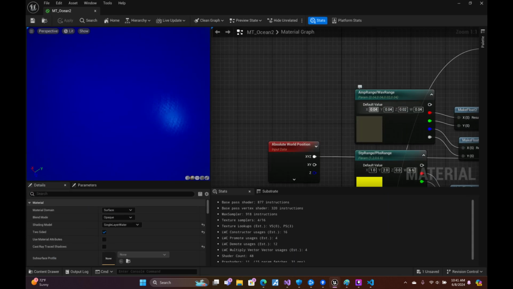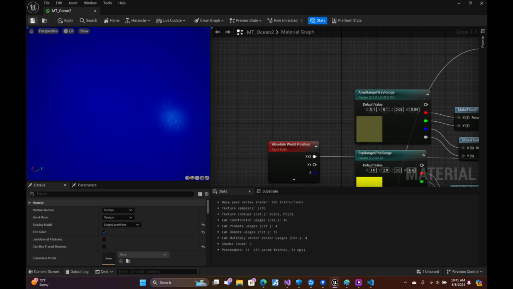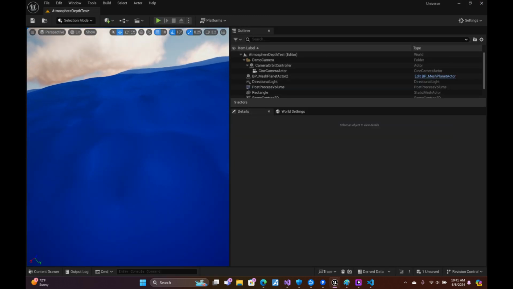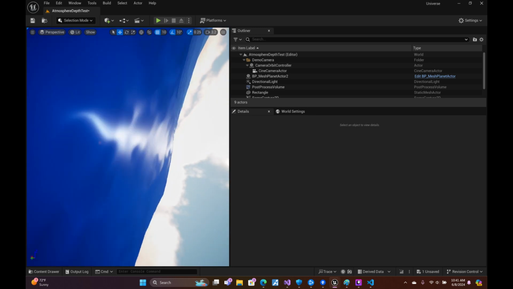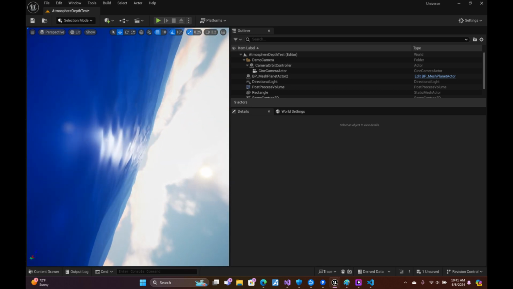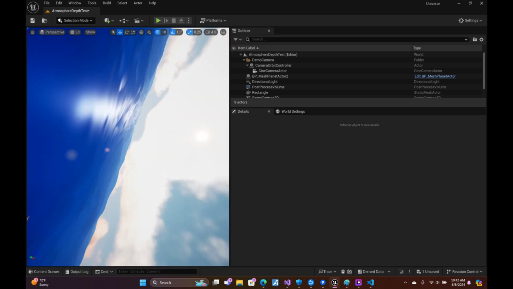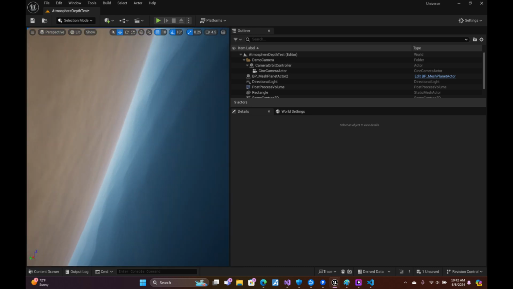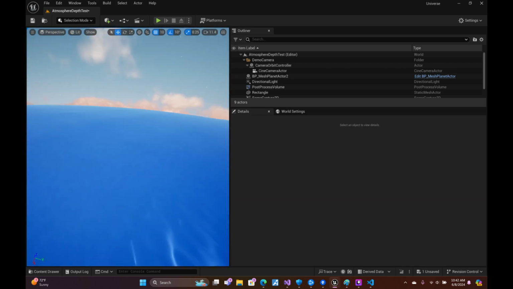And let's actually exaggerate it, right? It's not too bad, but it seems like there's too much contribution from the smaller wavelengths, I think. But it's getting there.